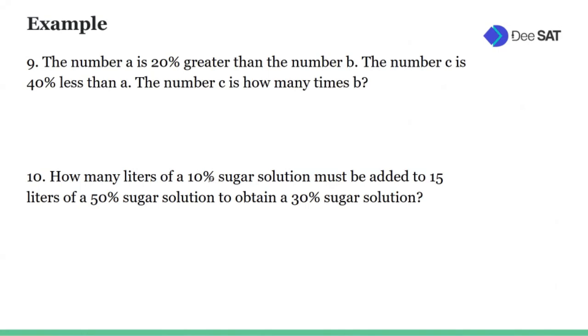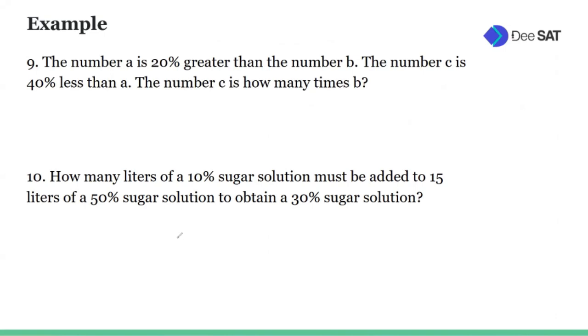If I consider the 10% sugar solution as S, that I don't know how many liters it is, and the second solution is given to me, that is 15 liters. So 15 liters is the quantity, and 50% sugar solution means that 50% is sugar and 50% is water. And I need a result as 30% sugar solution. That means 30% is sugar and 70% is water.